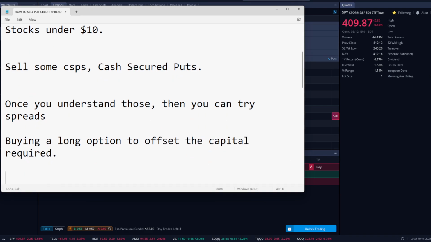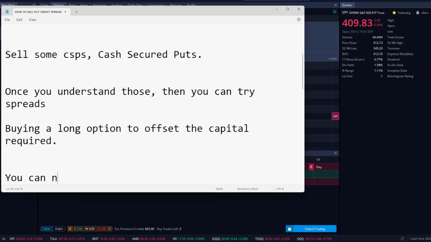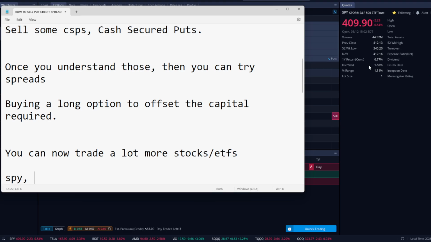And another great thing about that is you can now trade a lot more stocks, ETFs. So you can participate in stocks that are $400. SPY's a good one. QQQ, IWM, DIA, XLK, and so on.